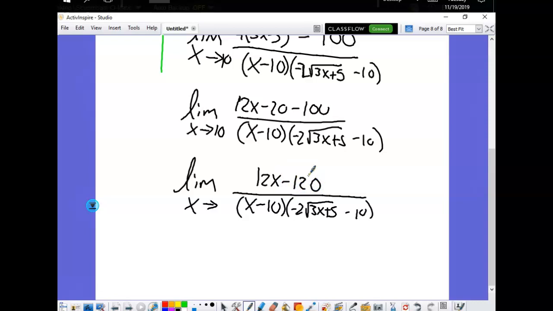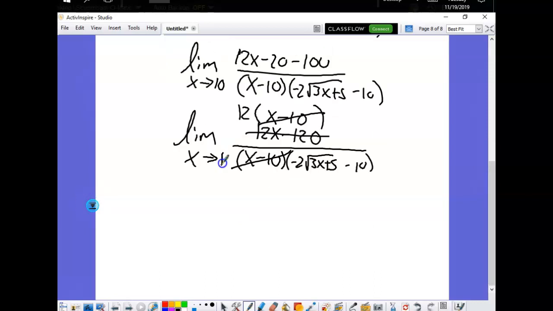Zach, what would be next? Good. You can take out a 12, right? And now the 10 goes away. Nate, what would I do now? You plug in 10. Yep. That should take it there. So let's see how that works out for us.